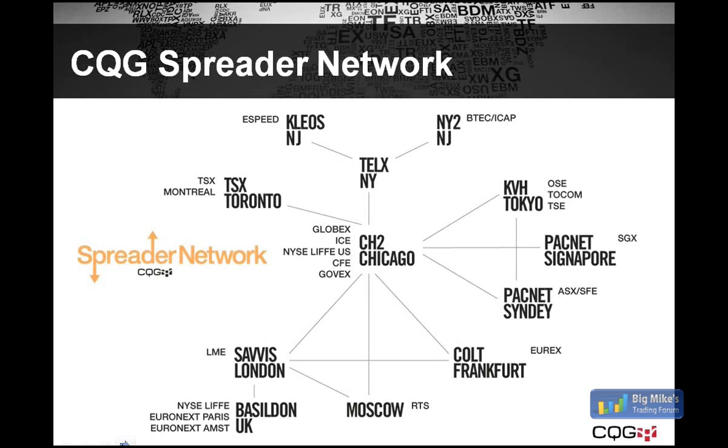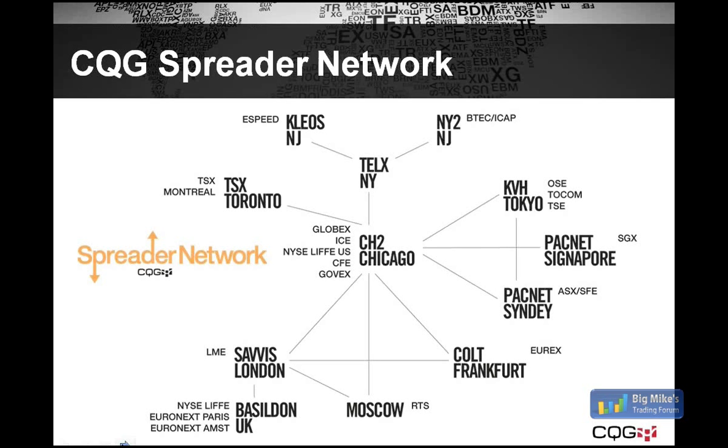In fact, we've even upgraded our connectivity to LME, utilizing some newer protocols that LME have put out in the last few months. And up around the horn here to Toronto, where the TSX and the Bourse de Montreal. And of course, where I'm located here in Chicago, we have Globex, ICE, NYSE Liffe, CFE, and GovX is our third treasury venue.